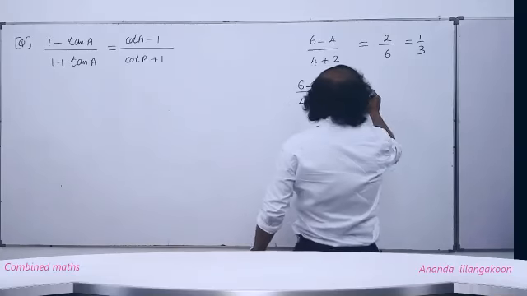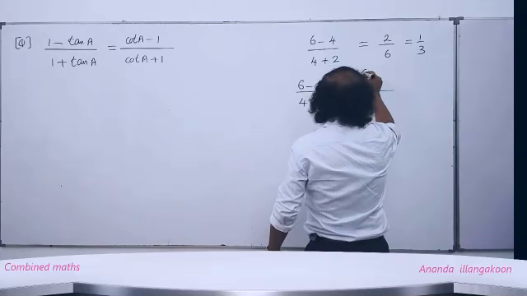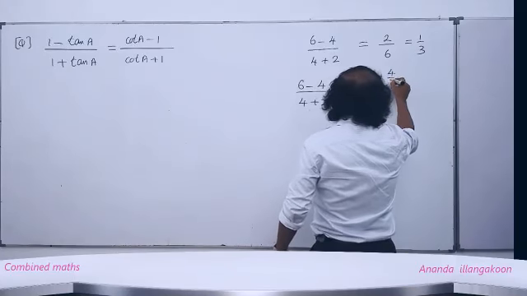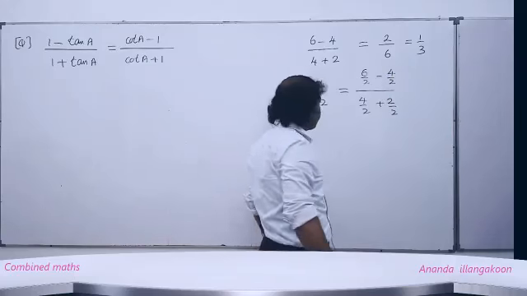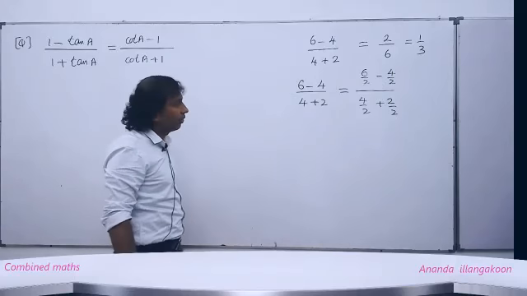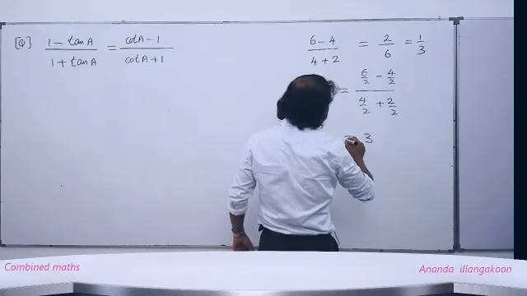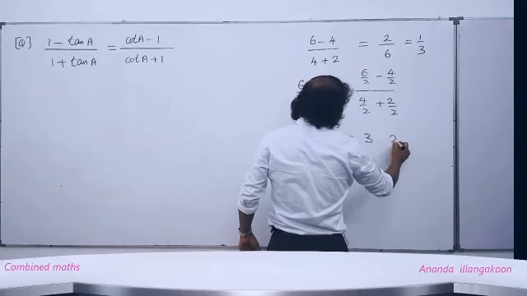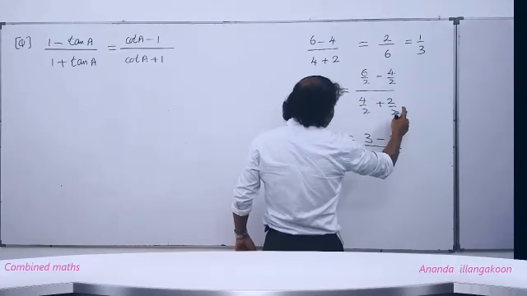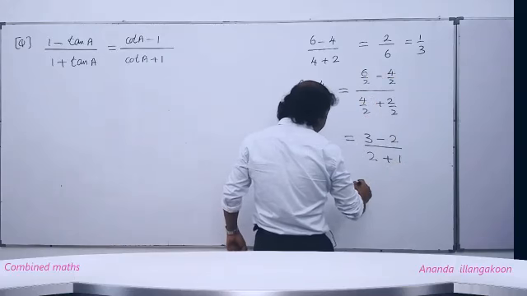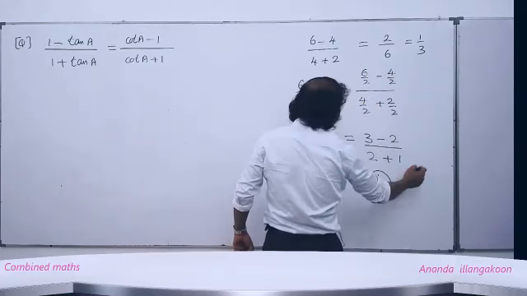Then what do you get? 6 divided by 2 minus 4 divided by 2, 4 divided by 2 plus 2 divided by 2. Now simplify. 6 divided by 2 is 3. 4 divided by 2 is 2. Middle minus. 4 divided by 2 is 2. 2 divided by 2 is 1. Then 3 minus 2 is 1. 2 plus 1 is 3. What is this? The same as this.